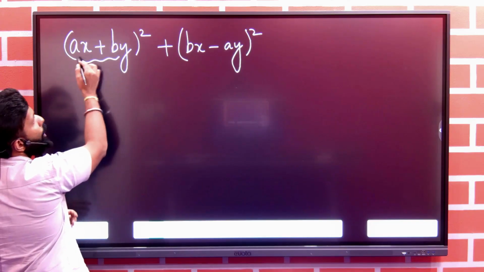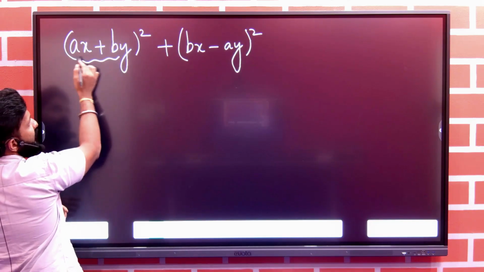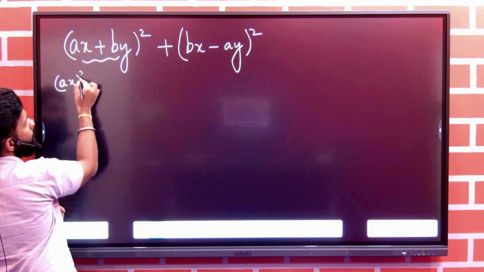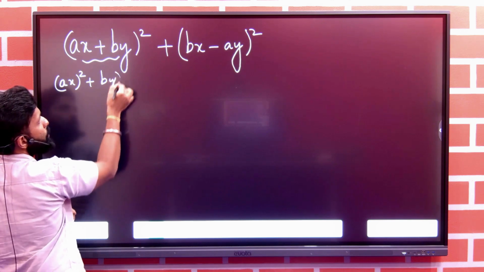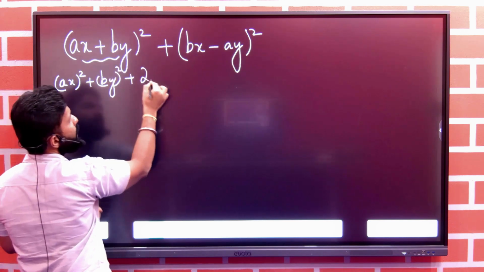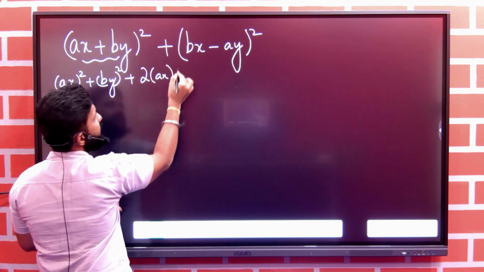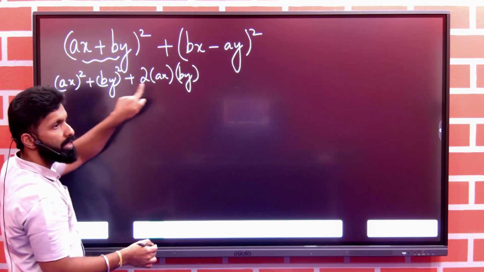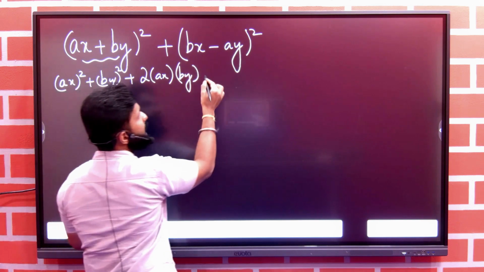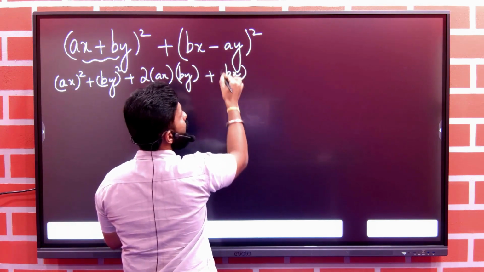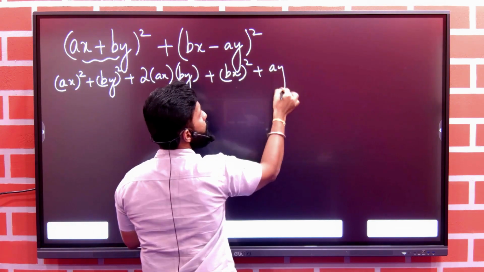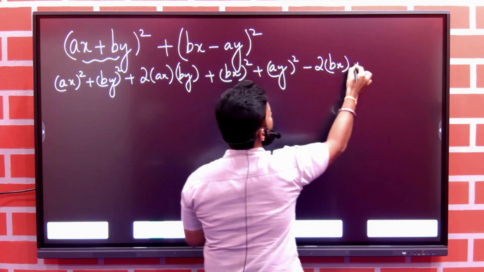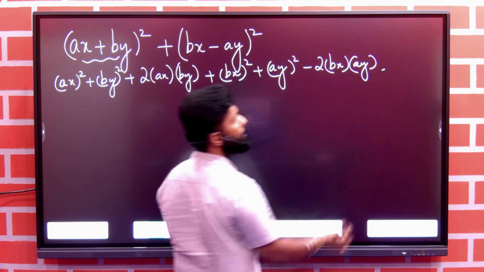Okay, now how to expand this? The (a plus b) whole square formula. It is (ax) whole square plus (by) whole square plus 2 into ax into by. I hope all of you remember a square plus b square plus 2ab. This is going to be a square plus b square minus 2ab. Right?